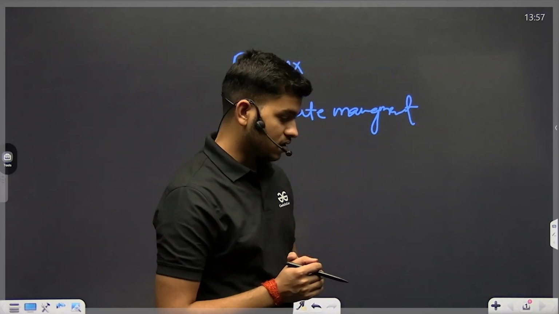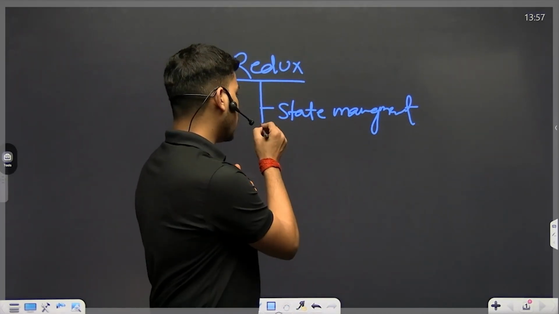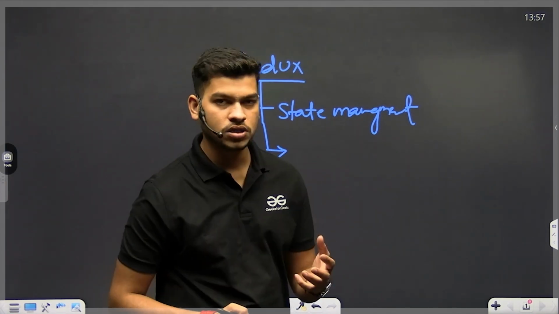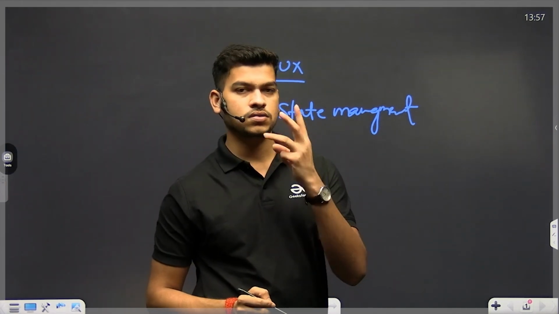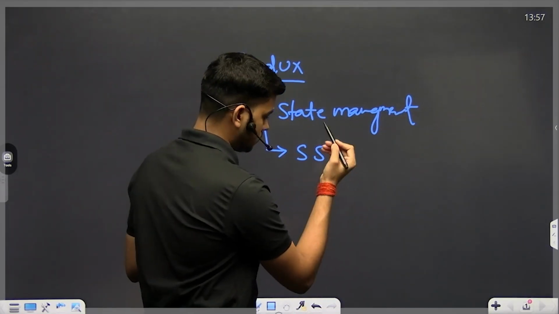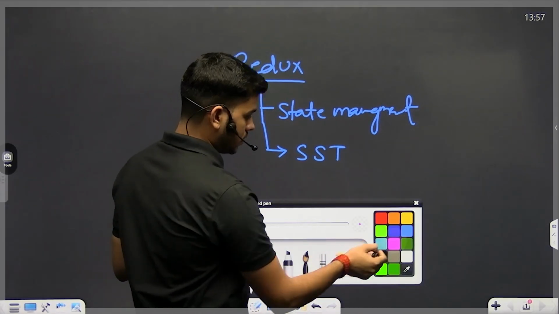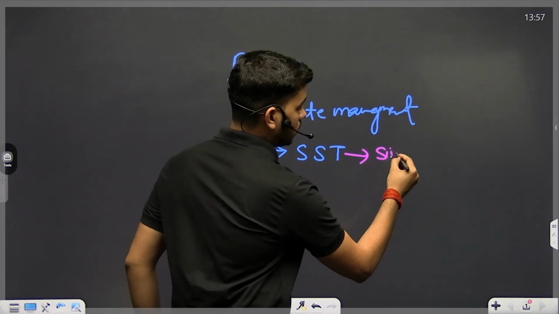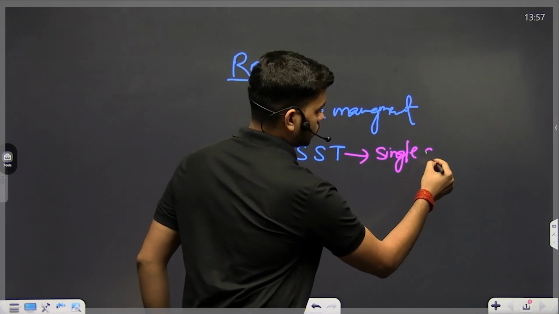When you talk about Redux, it works on a single ideology of 3 terms, that is called SST. What is this SST? Let's bring out the full form, that is known as single source of truth.